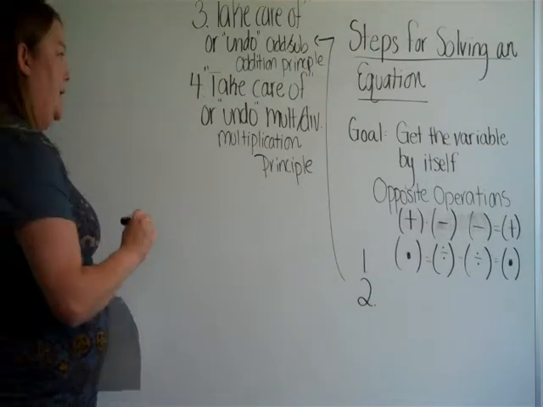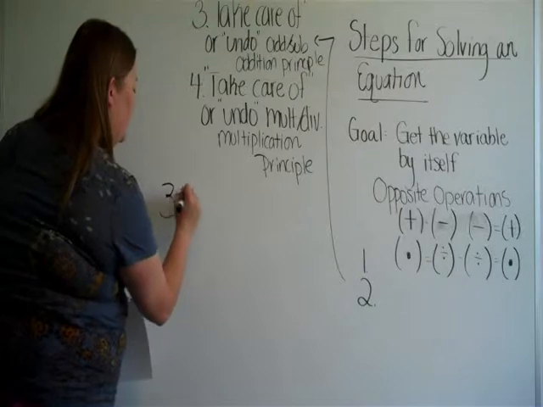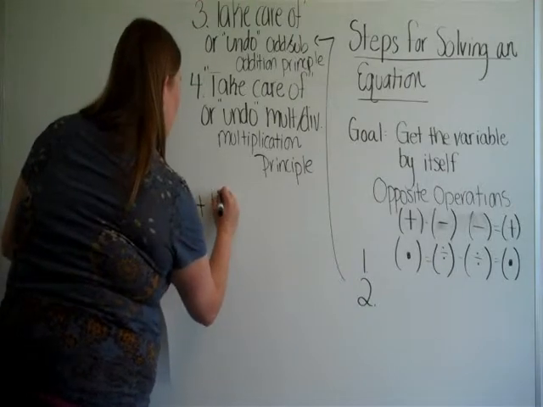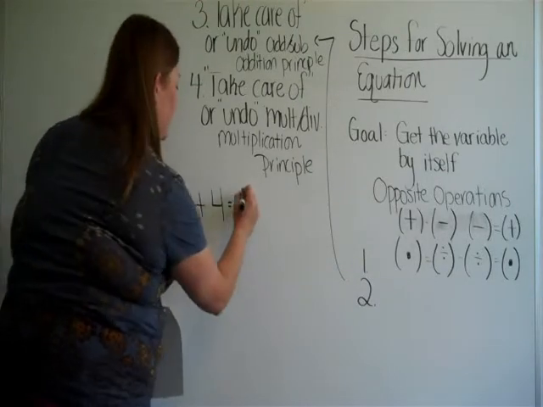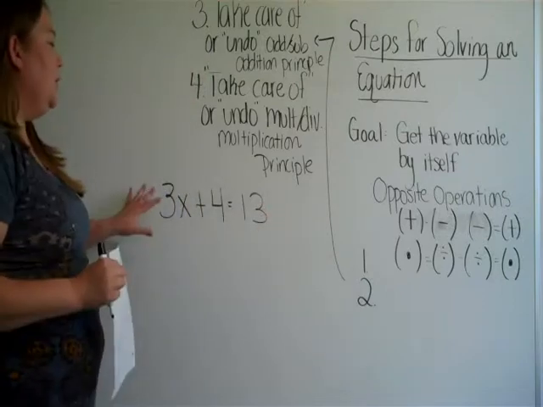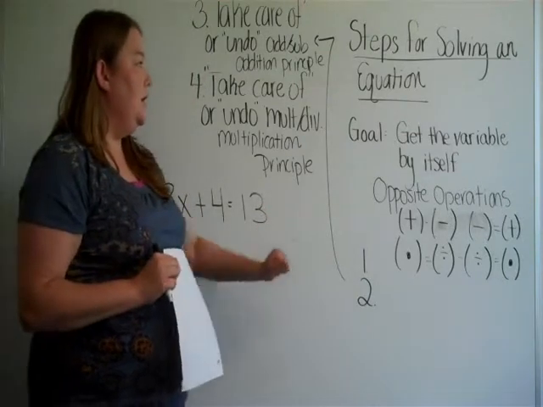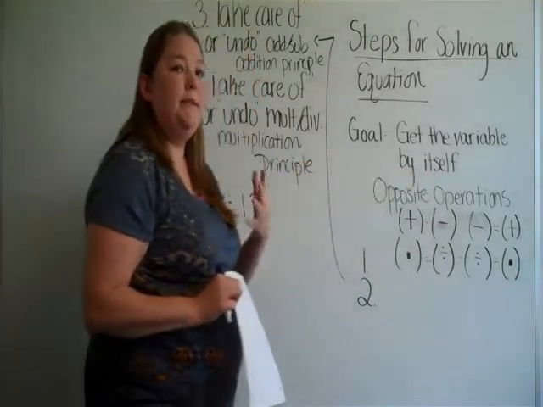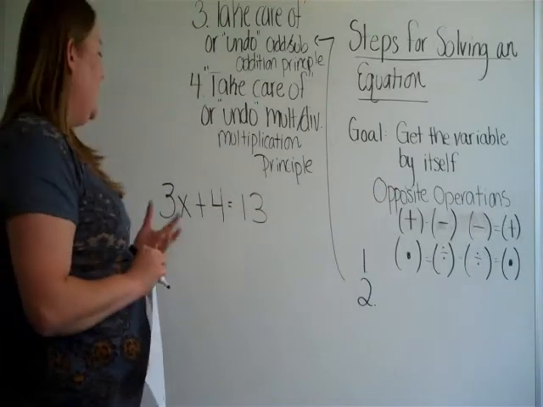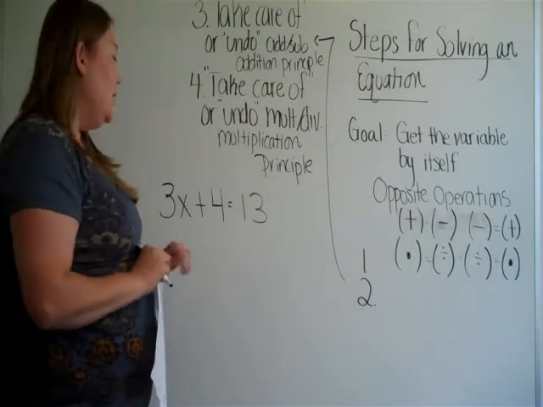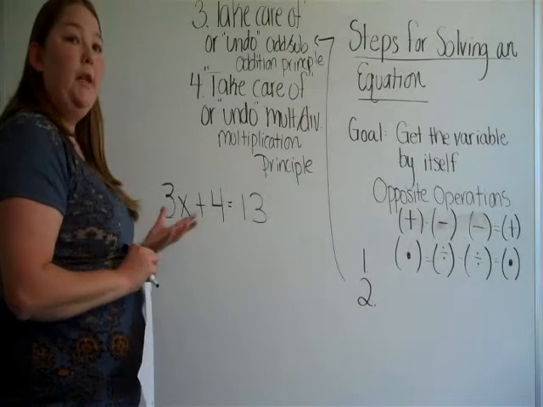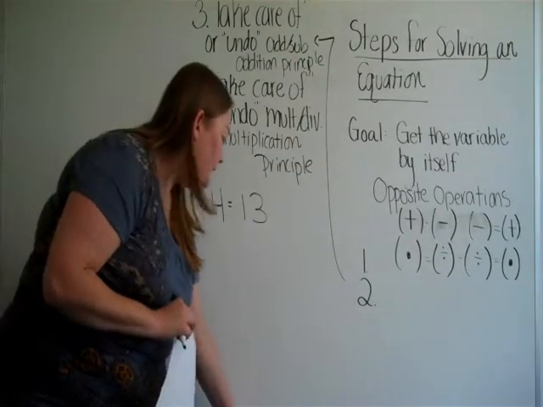So just as an example, if we have 3x plus 4 equals 13, we want to be able to solve this to get the variable by itself. And the way we do that is we ask ourselves, where is the variable and what is happening to the variable?